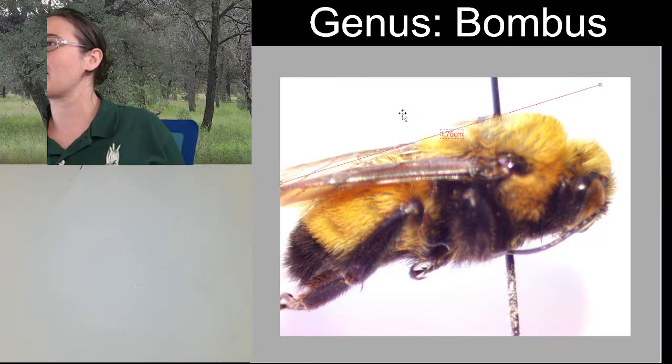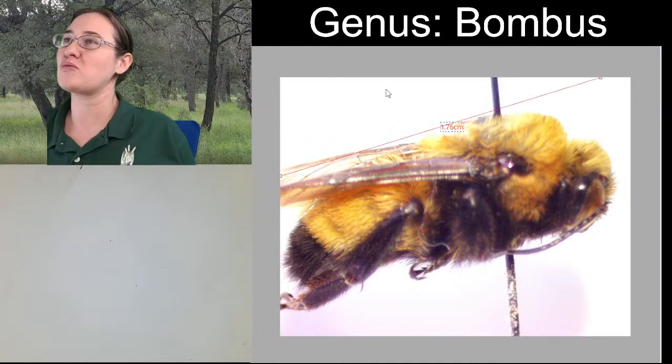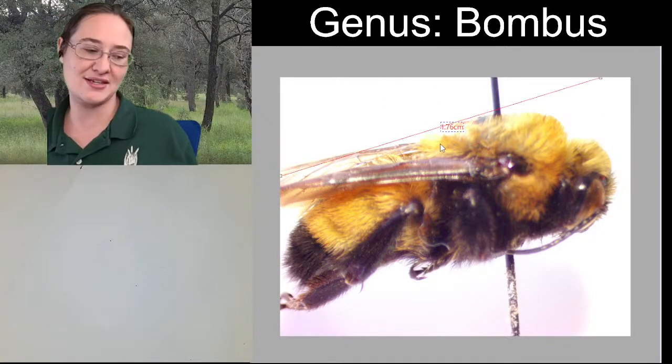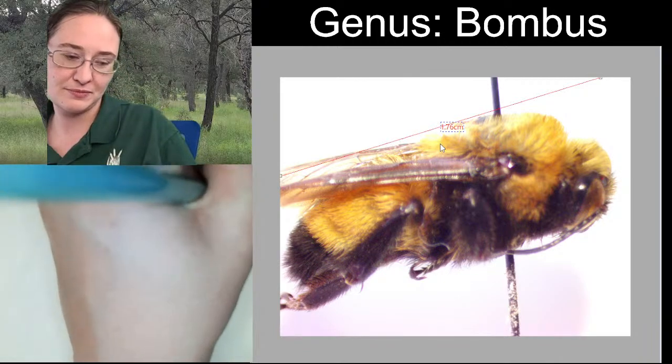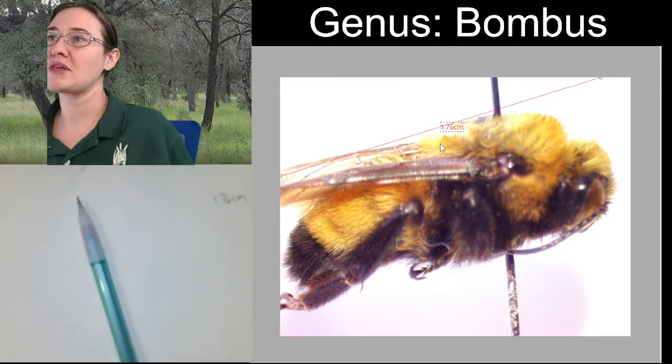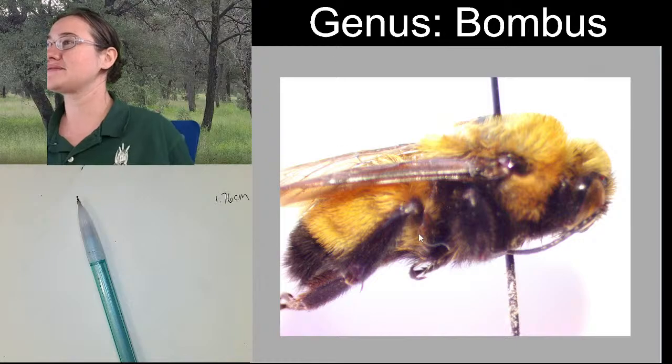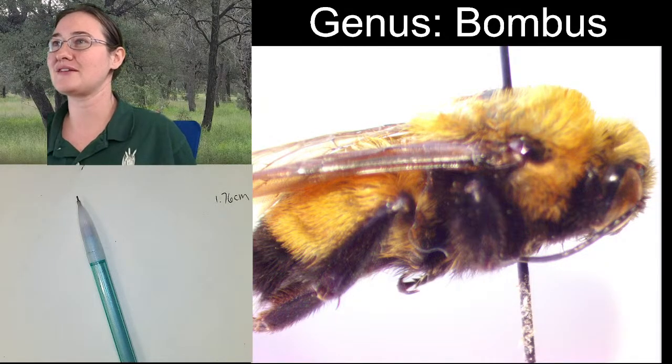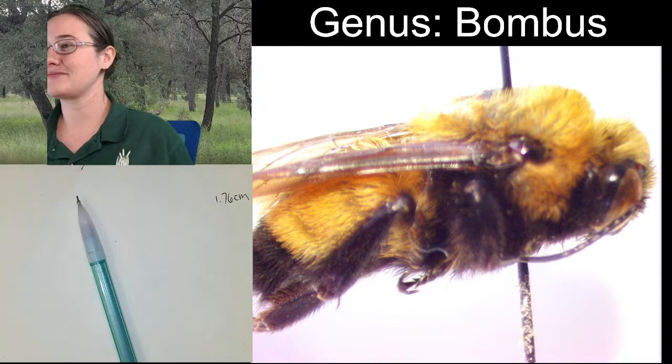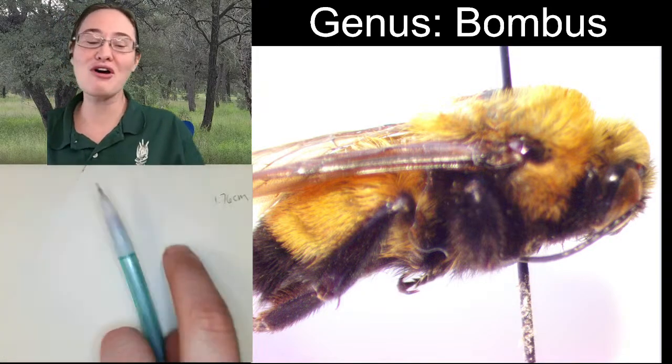It looks like from the front of the head to the back of the abdomen is about 1.76 centimeters long. To give you an idea, let me zoom that back in. We don't need that border. It's da bomb. Of course it is.